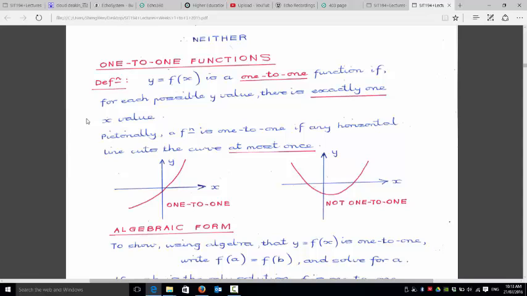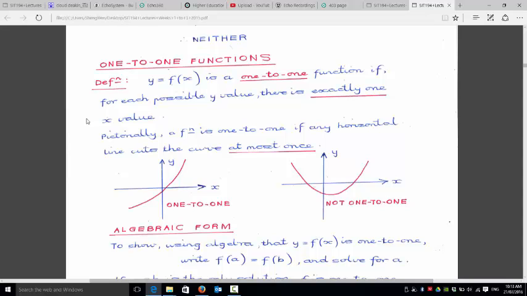So what is a function? A function is, given an x, there is exactly one y, but it cannot guarantee that given a y we have exactly one x value.